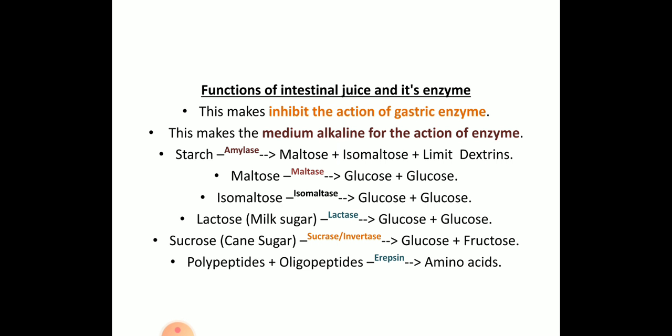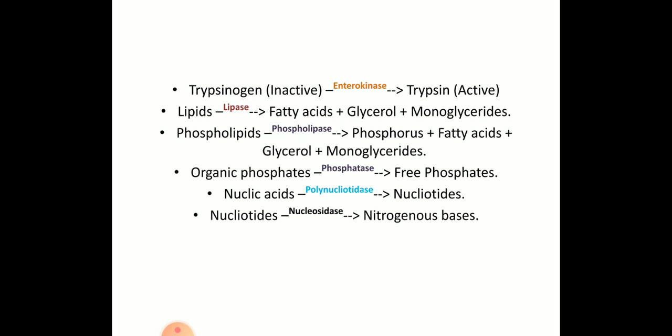Sucrose is acted on by sucrase. Polypeptides and oligopeptides are converted into amino acids by erepsin. These are some of the functions, and later trypsinogen, which is in inactive form, is converted into the active form by enterokinase.